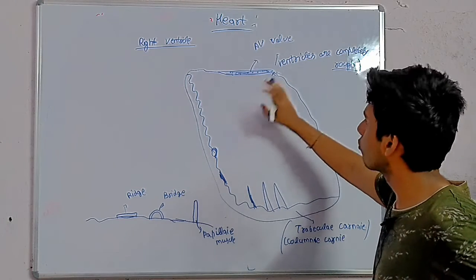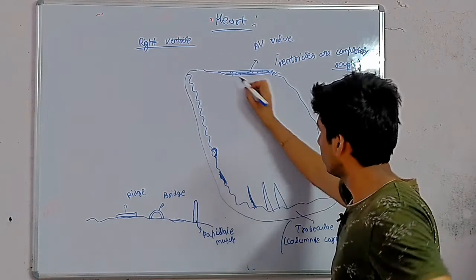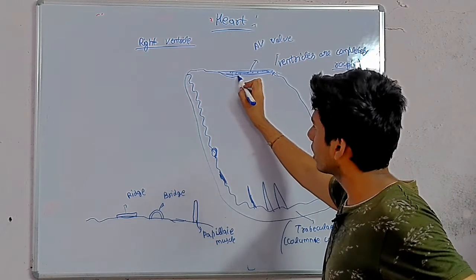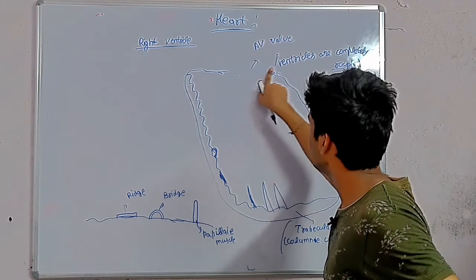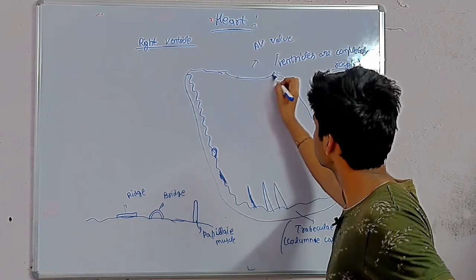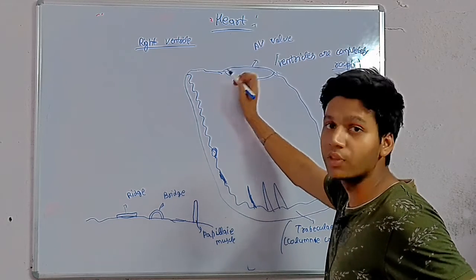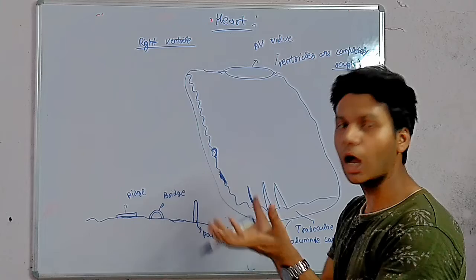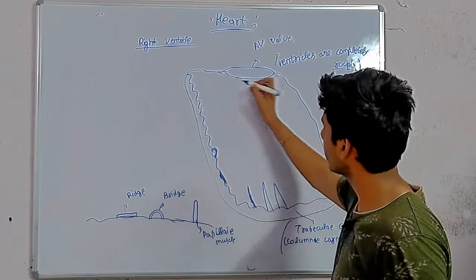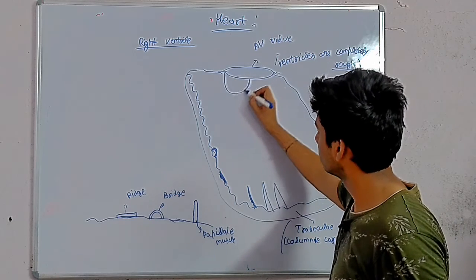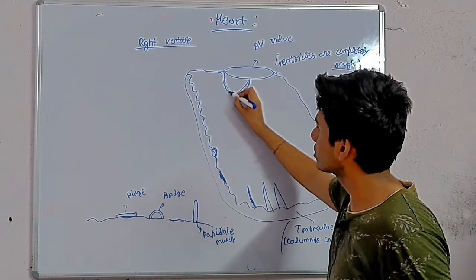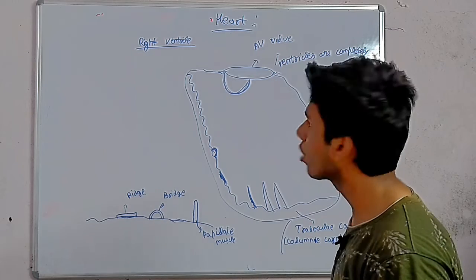This wall is formed by three cusps. Cusps are cup-like structures. These cup-like structures are extensions of the endocardium of the heart.